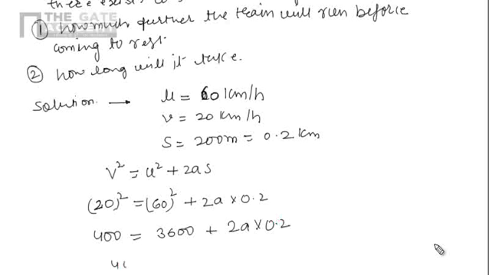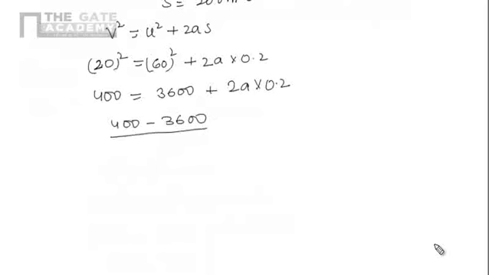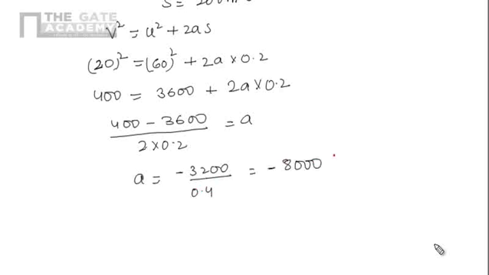So (400 minus 3600) divided by 2 into 0.2 equals a. So a will be minus 3200 divided by 0.4 equals minus 8000 kilometer per hour square. So this sign is coming negative. It means it's retardation, which is already mentioned in the problem.